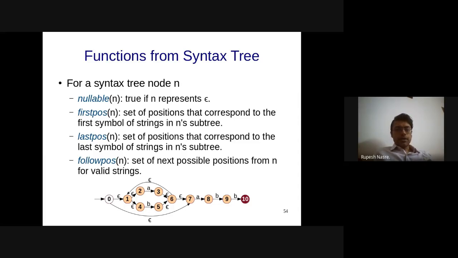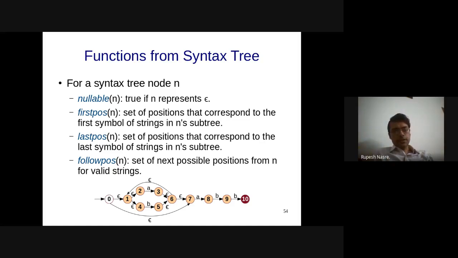Okay, we'll continue our discussion. We were looking at converting from a regular expression to the DFA directly without going through the NFA. Towards that, we defined four different types of functions. One was nullable, which returns true if that particular node can represent the empty string.